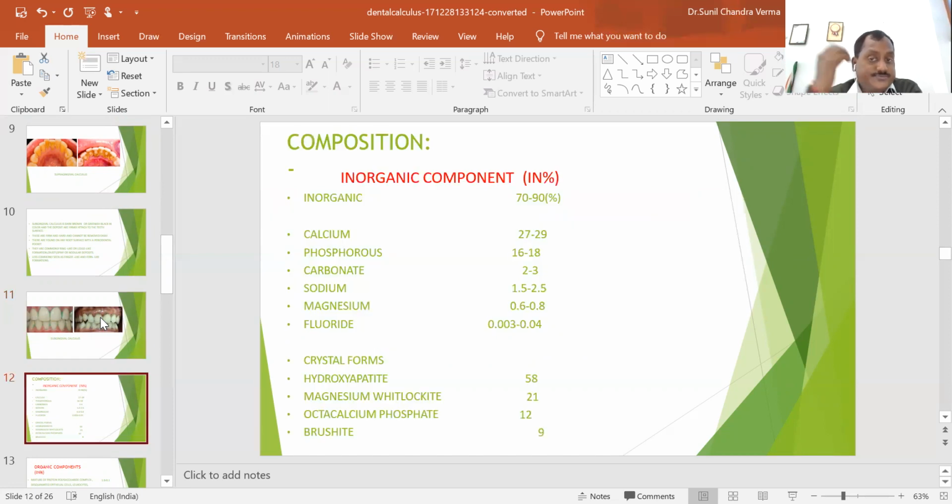Now composition. It has two components, organic and inorganic part. Inorganic part, percent wise, basically has 70 to 90% inorganic content.